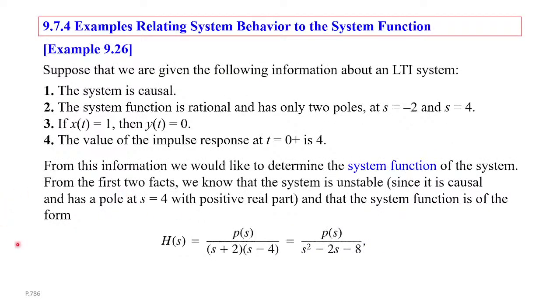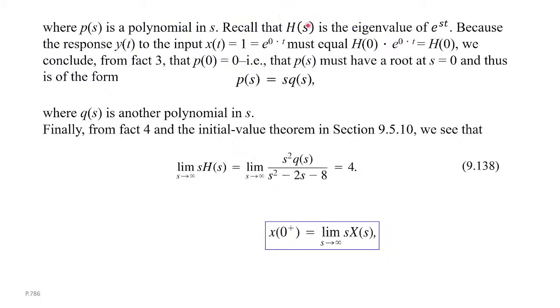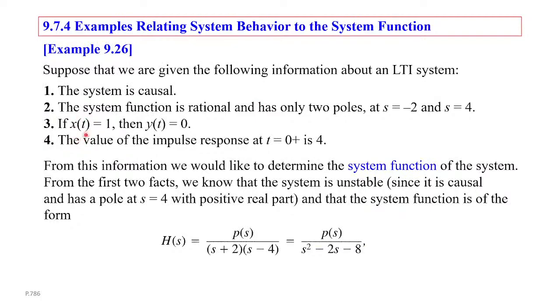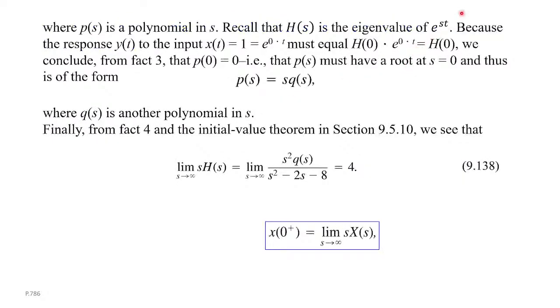So we need to remember another thing about the Laplace transform for the system function. Remember, at the beginning of the chapter, we said the Laplace transform is motivated as the eigenvalue of our system for the eigenfunctions e to the st. And this x of t equal to 1 is actually in the form of e to the st: 1 is e to the 0 times t, if you just pick s equal to 0.